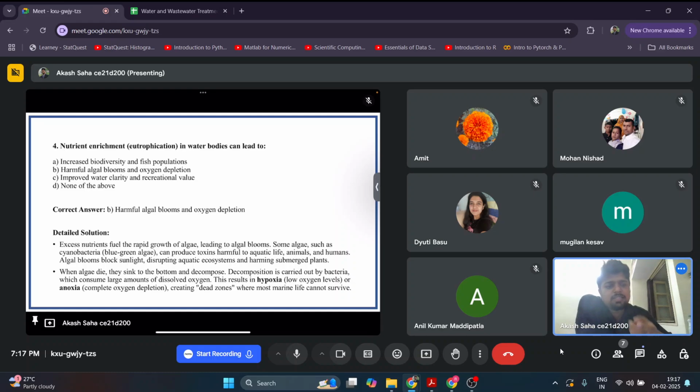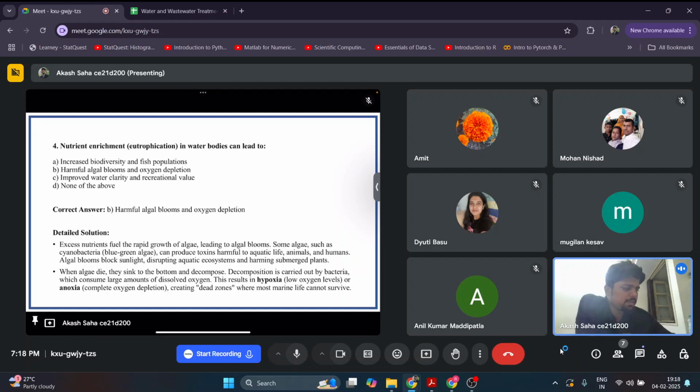The other part is that the algae will eventually die. They will go to the bottom and start decomposing, and this decomposition will be carried out by bacteria. While they are being decomposed, they will use up the oxygen in the water system, due to which hypoxia or anoxia, which is nothing but low oxygen level or complete oxygen depletion, will happen, and it will create dead zones where marine life cannot survive.